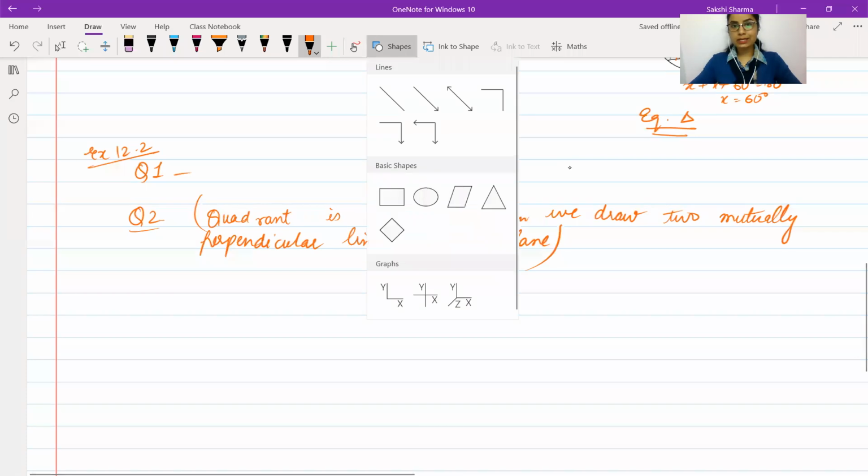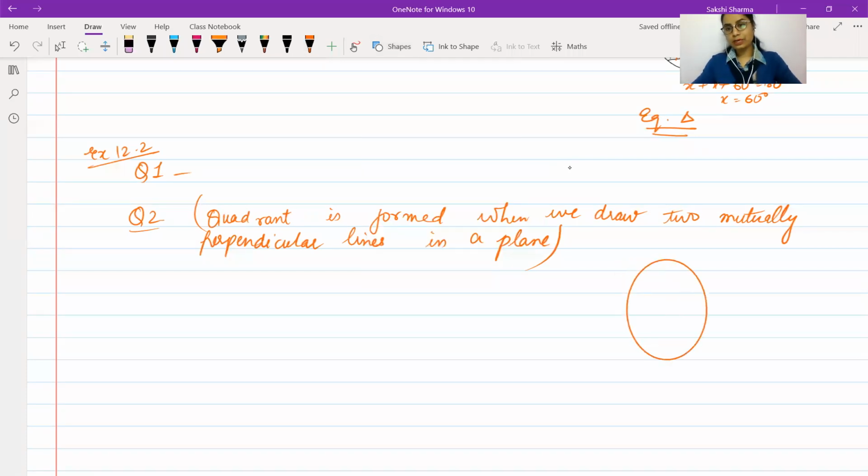It's not to be indicated, you can just remember it for yourself. पता होना चाहिए कि क्वाड्रेंट कब बनता है, जब हमारे पास दो परपेंडिकुलर लाइंस होंगी प्लेन में.